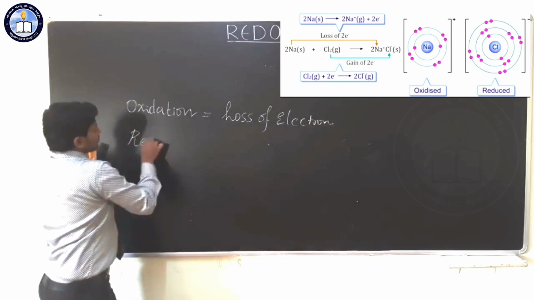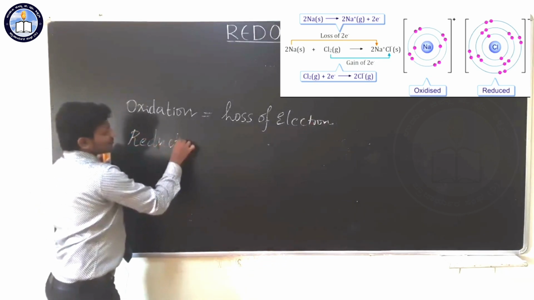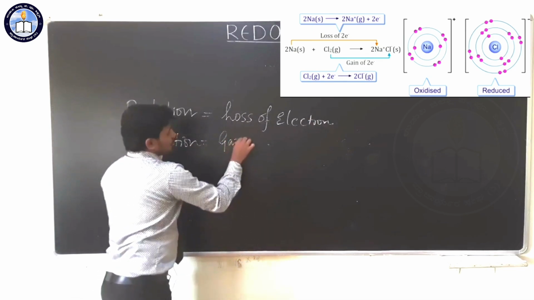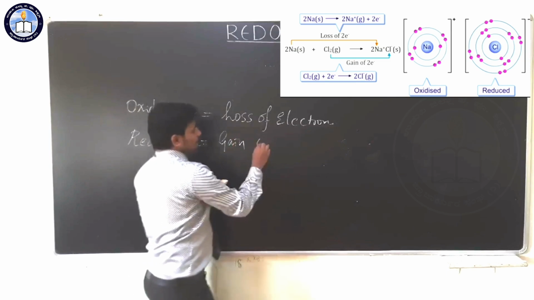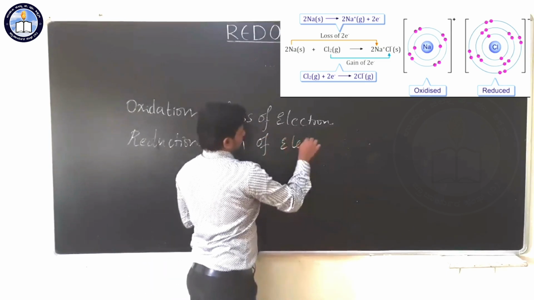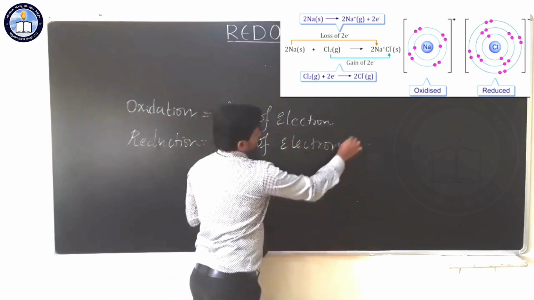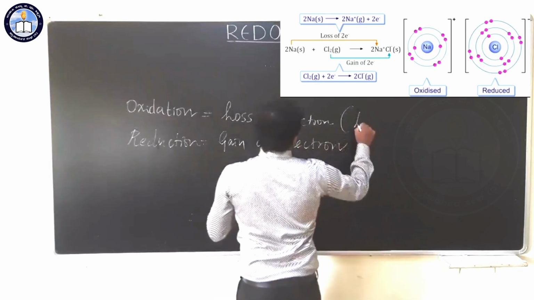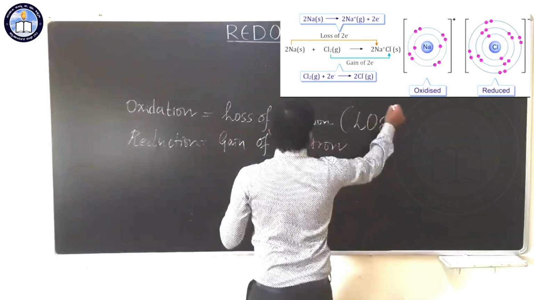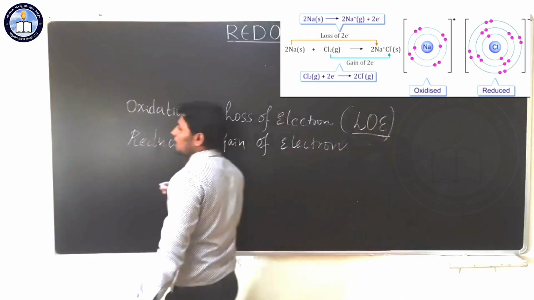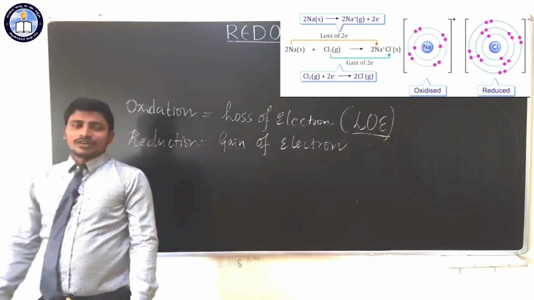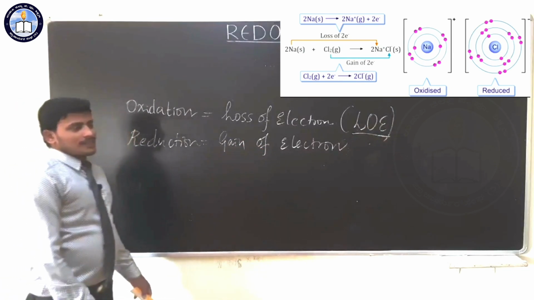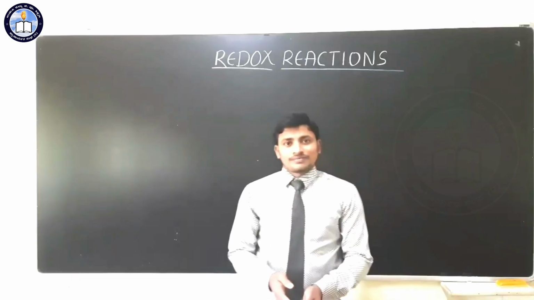Reduction means gain of electrons, very simple. Loss of E. Remember this code, LOE, loss of electron, oxidation; gain of electron is known to be reduction.